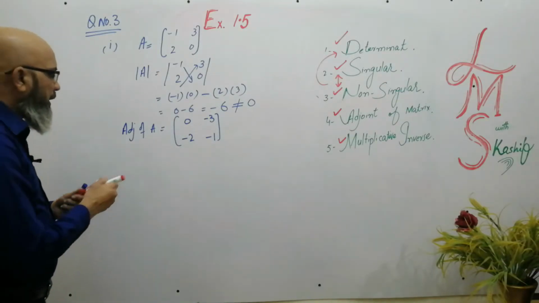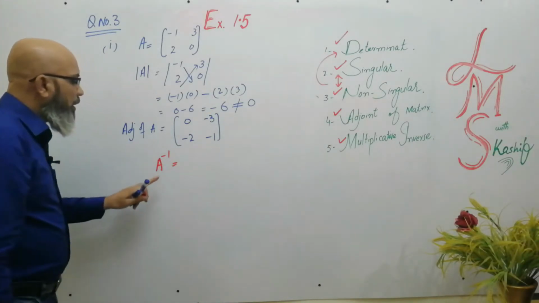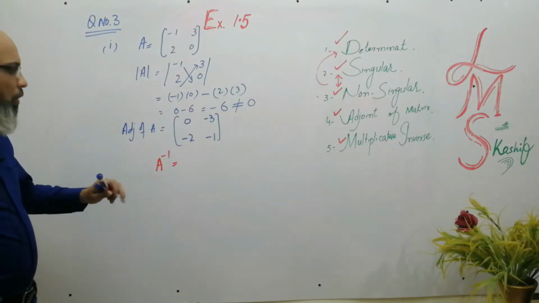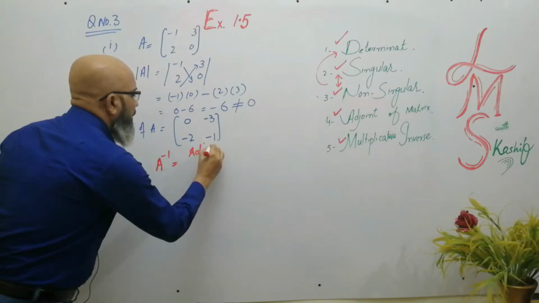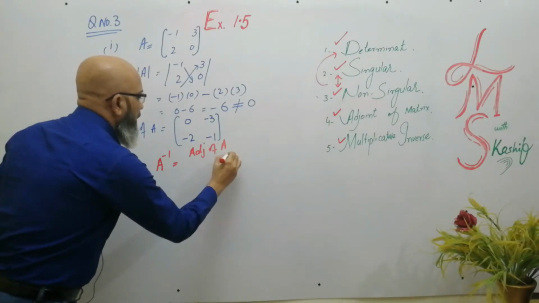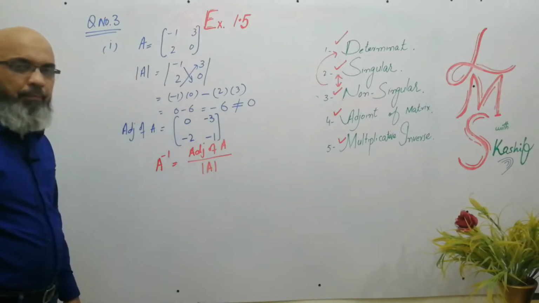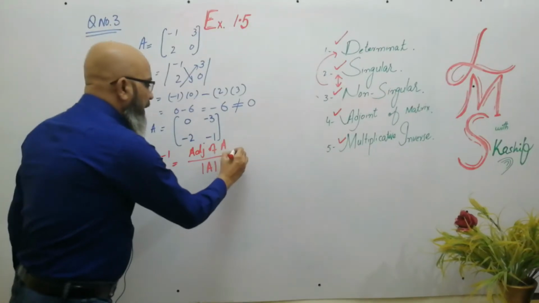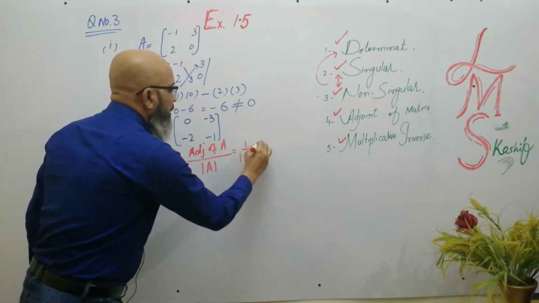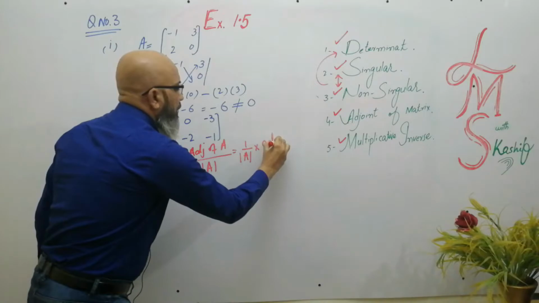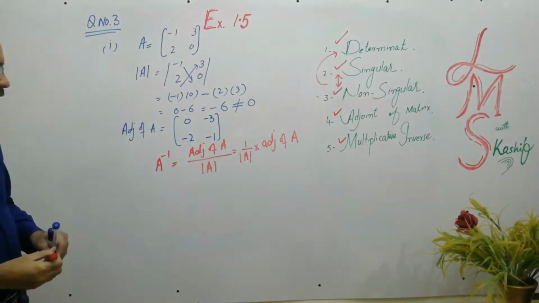Now the final step: what is the multiplicative inverse? We will write the multiplicative inverse in this way. This is your multiplicative inverse. Now how do you find it? Simple. Adjoint of A divided by determinant of A, or you can write it this way, 1 over determinant of A multiplied by adjoint of A. Both formulas are the same.